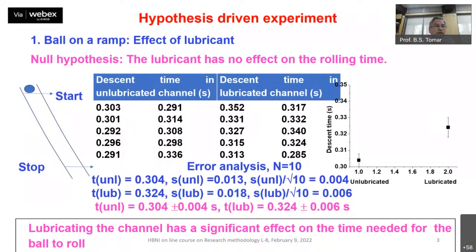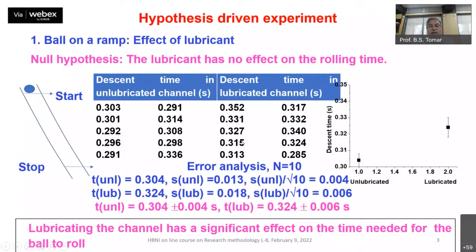Let us say you have done 10 measurements recording the time of descent from start to stop, then you lubricate this channel. After that lubrication, you repeat the experiment with the ball and note down the descent time. So that is the experiment. What you see here are the descent times in the unlubricated channel in seconds, the 10 readings measured in the experiment.